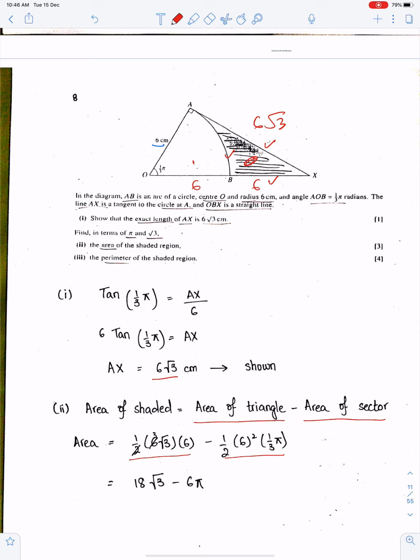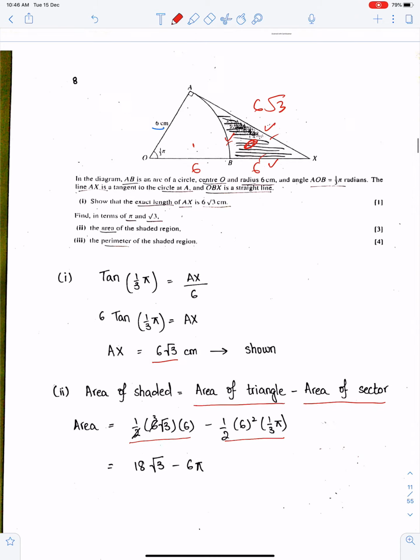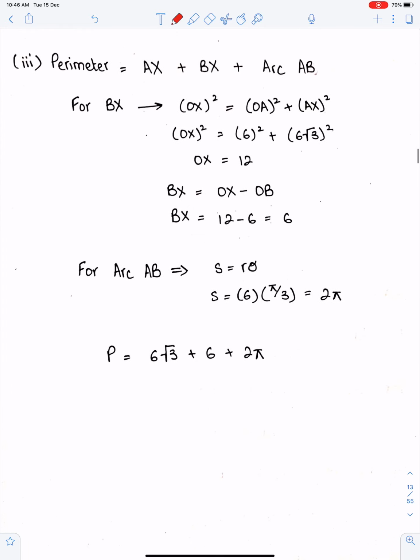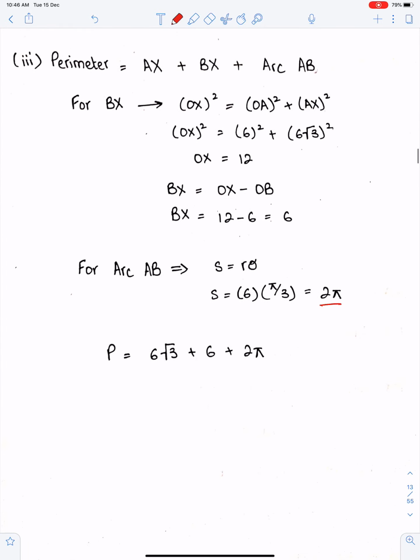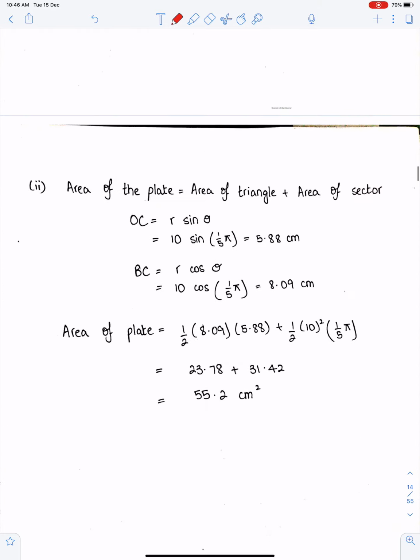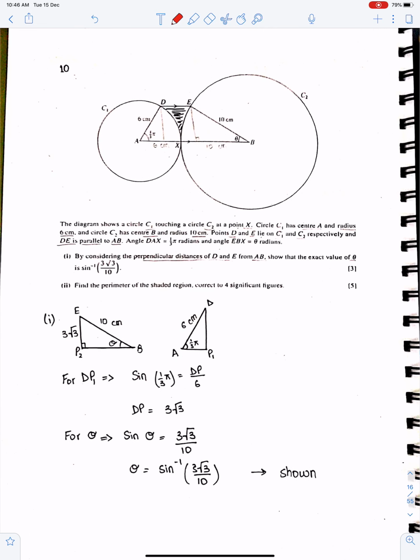This region is surrounded by 3 boundaries, this, and this. Get the arc length for that. So this is the arc length, 2 pi. So 6 root 3, 6 and 2 pi. That's the exact answer. In this question, we have to show theta.